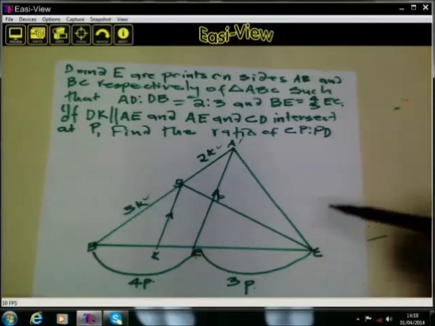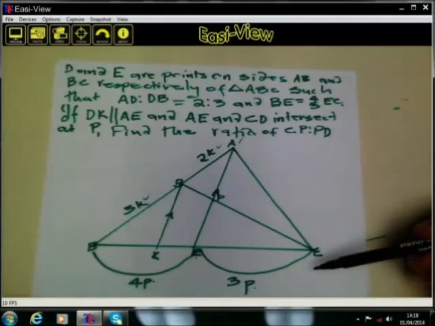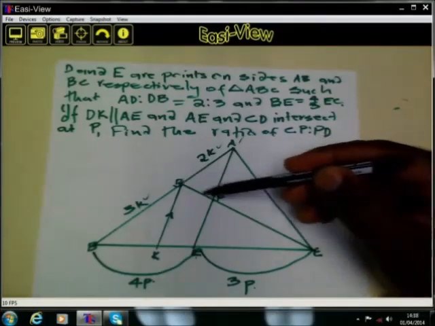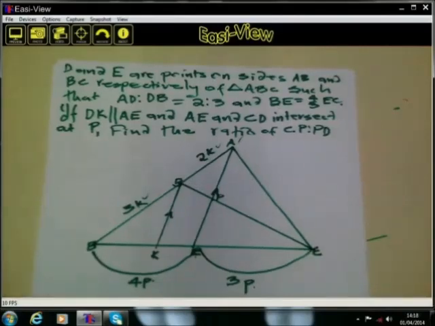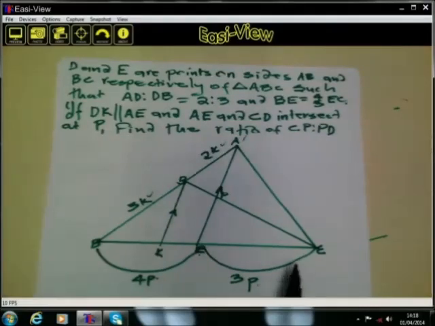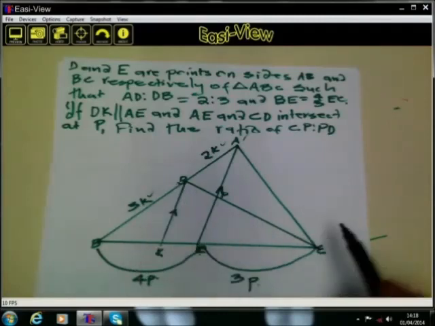If they intersect at that point, find the ratio CP is to PD. Remember, this is where D is. Now, when you are confronted with this type of question, you first identify this side.